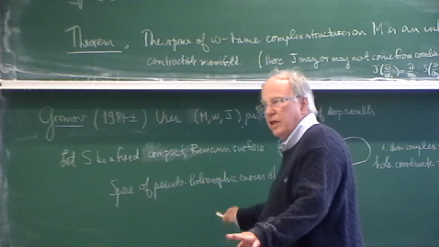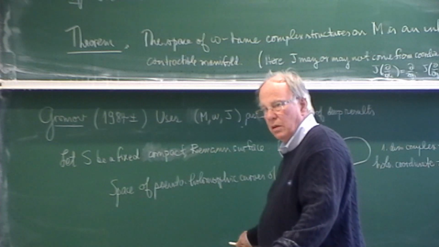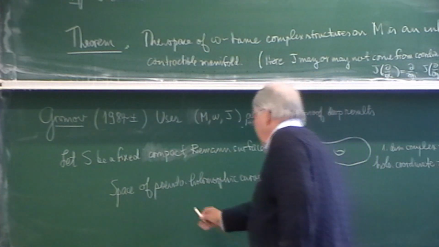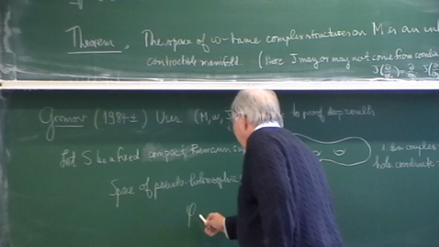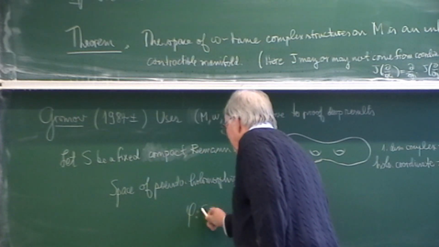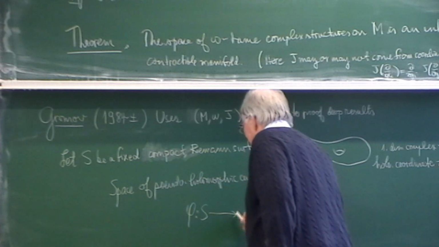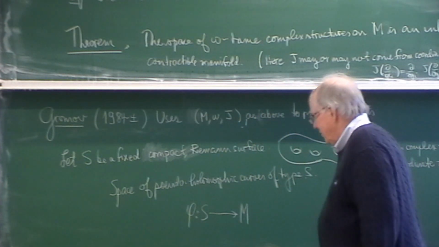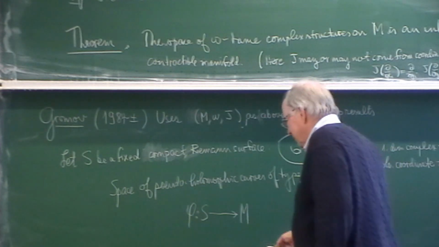But I don't want to get into that, that's not an essential point here. Okay? So what does it mean pseudo-holomorphic? So phi maps S into the manifold. Okay? That's a curve. Just a mapping.